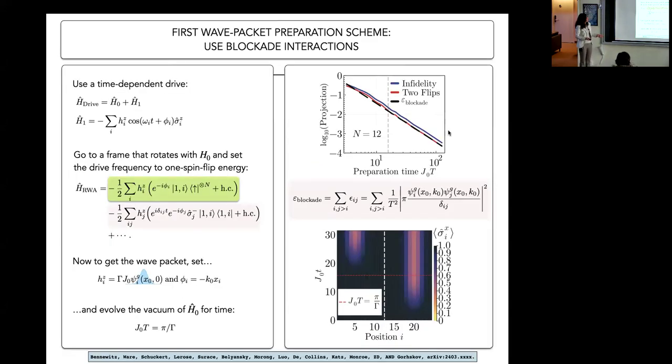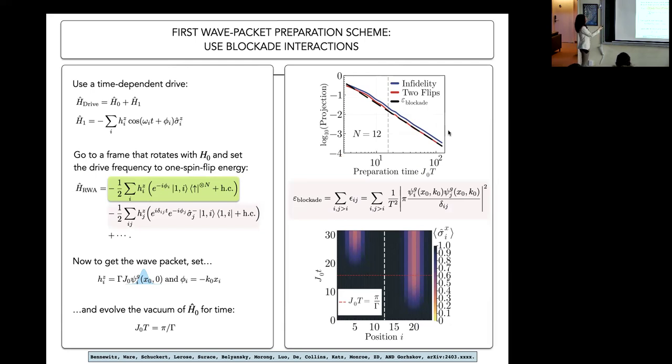Maybe I'll tell you about one of these protocols and not the other, because I'm running out of time quickly. So one of these proposals is based on blockade interactions in these spin systems. What is a blockade interaction? It essentially means that I have the H0 Hamiltonian, I introduce an H1, but H1 is an HZ which is time dependent with some frequency.